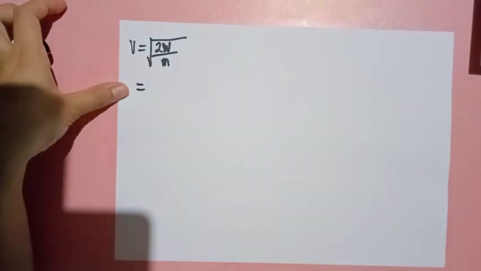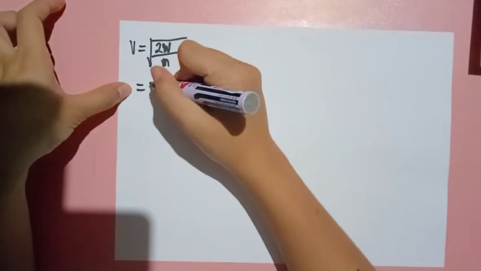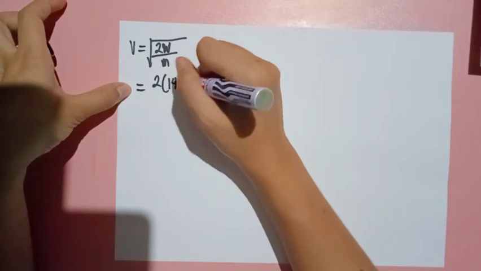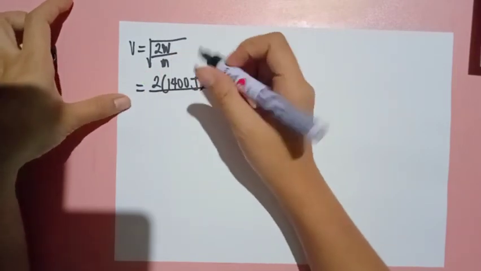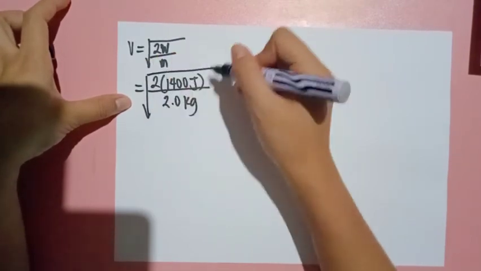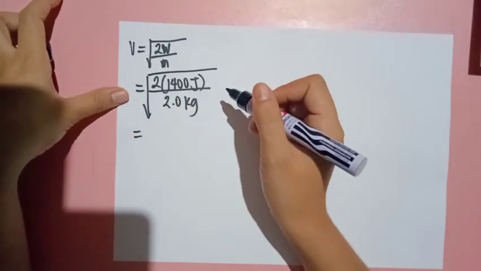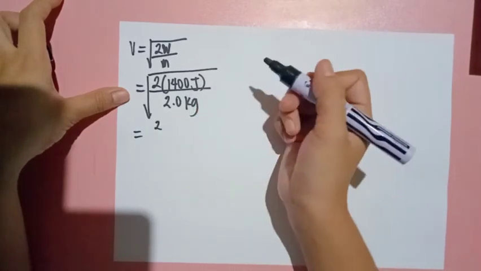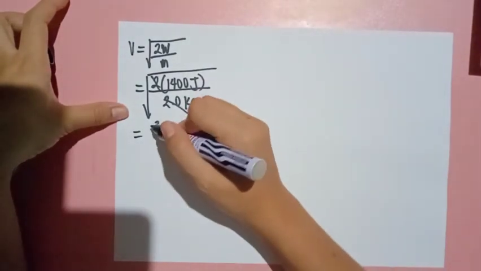Substitute. W is 1,400 joules over mass, which is 2 kilograms. 2 times 1,400, we get 2,800. Or we can just cancel that directly.